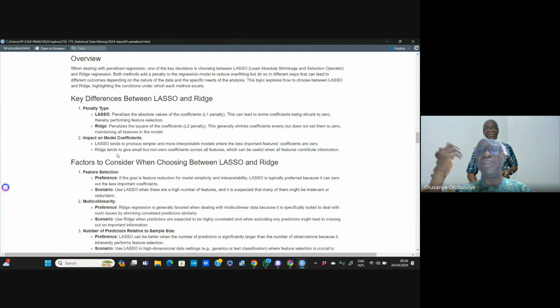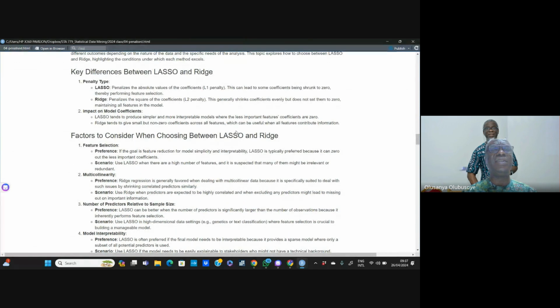And that can still be very useful when you want to draw inference from all the features. But LASSO will remove any that is not useful, and you won't be able to measure the impact, rather. So those are two major key differences between LASSO and Ridge regression.